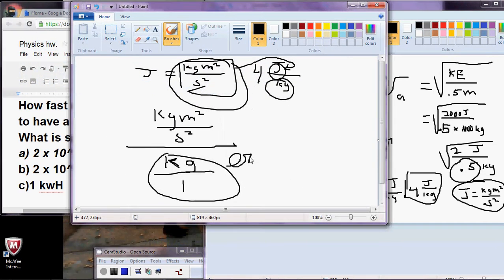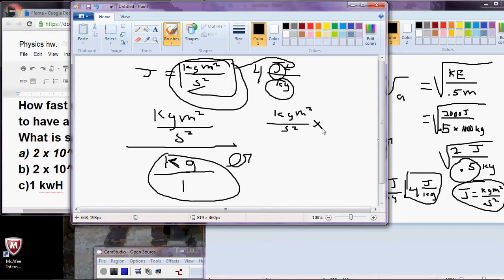So we're going to flip it. Oh, oops. Kilograms go on the bottom, so it's going to be 1.